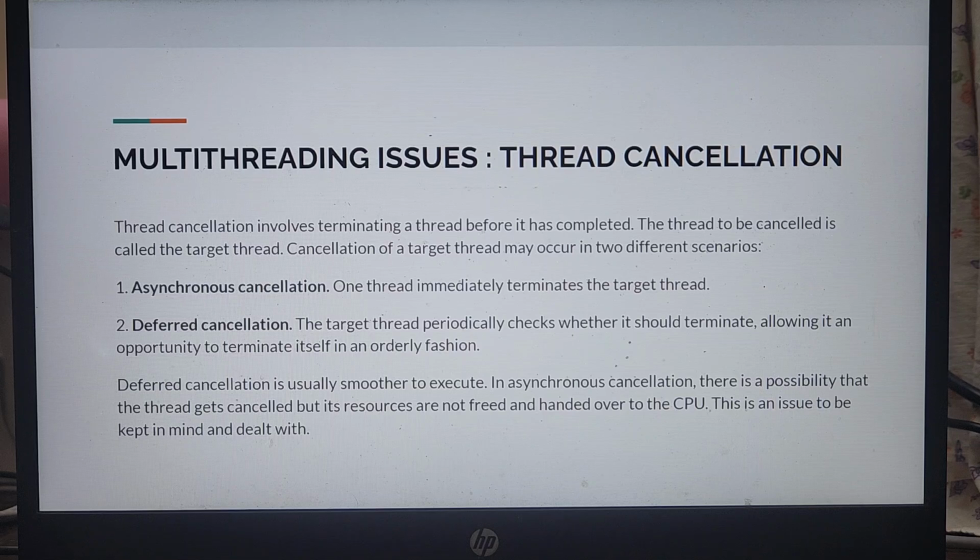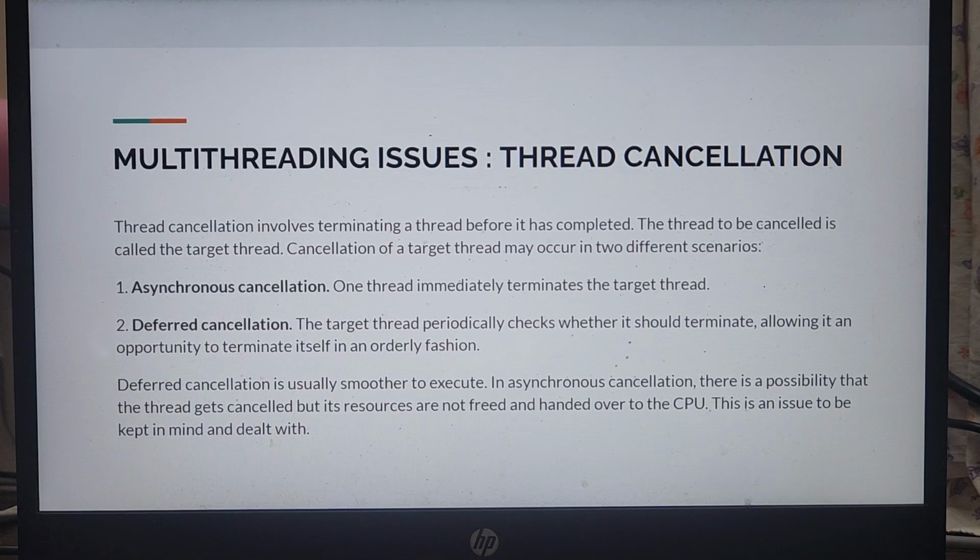Now we know computers work in nanoseconds, microseconds, so for us it is not going to be a big deal. You will feel the cancellation is almost instantaneous, but inside the computer, if it is deferred cancellation, there is a delay of a few clock cycles usually. So that is generally smoother to execute because at regular intervals you are checking whether the user wants this process cancelled, and there is that interim gap of a few clock cycles.